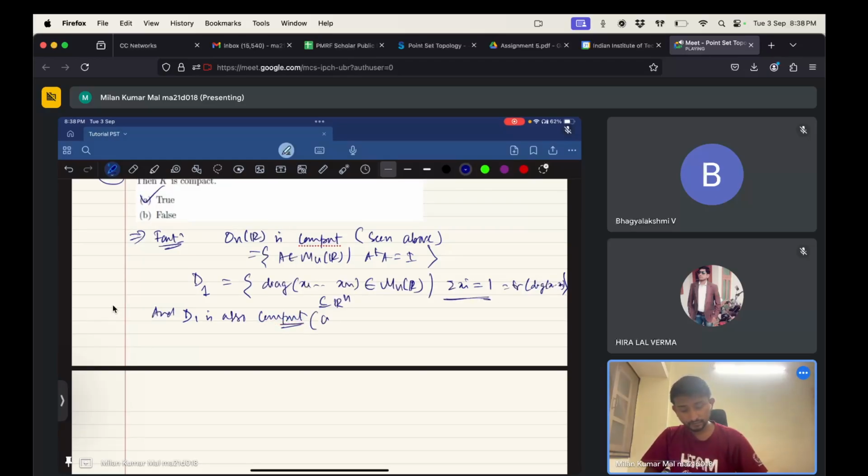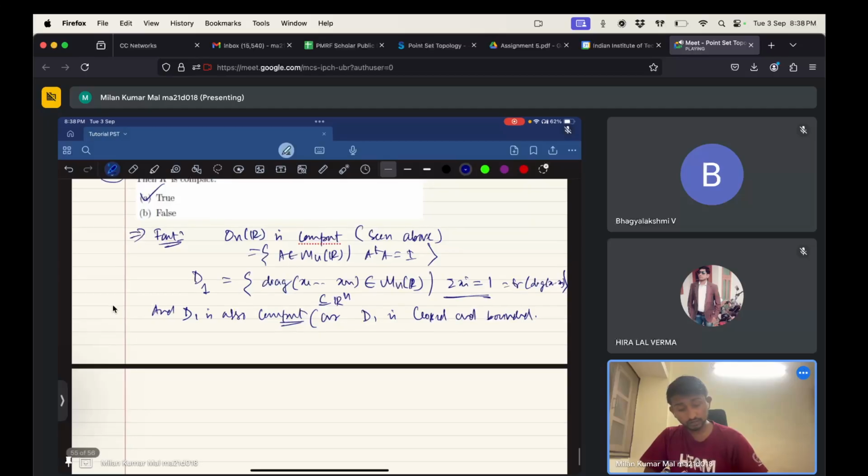And as D1 is closed and bounded, this is compact.